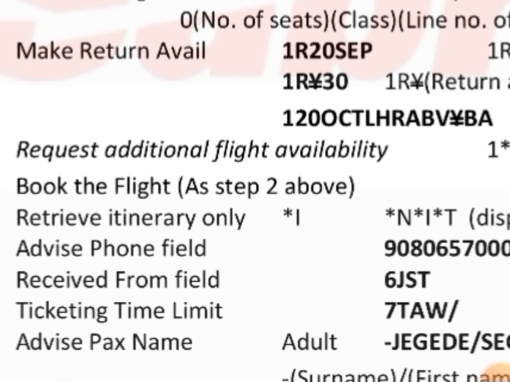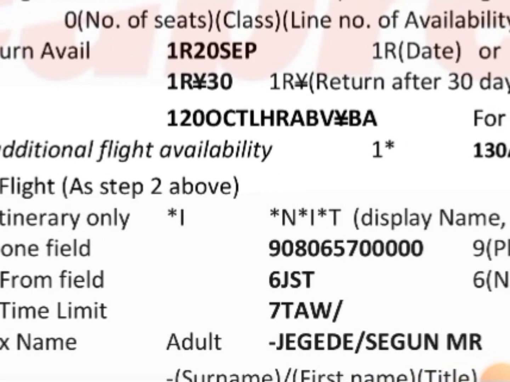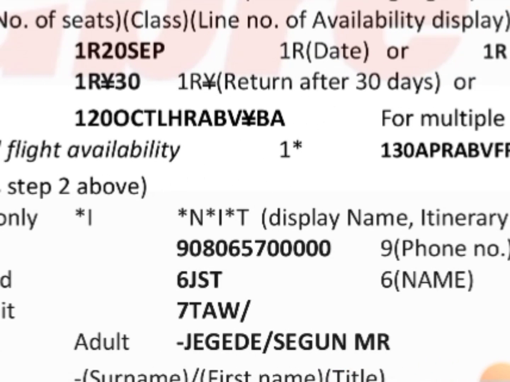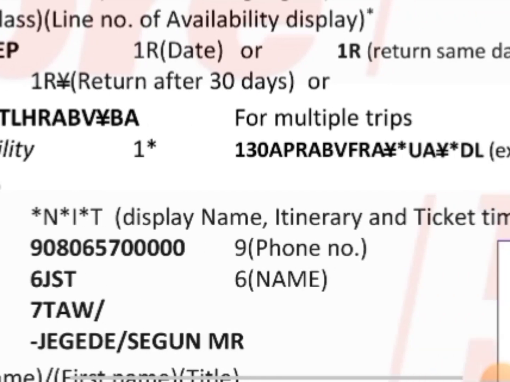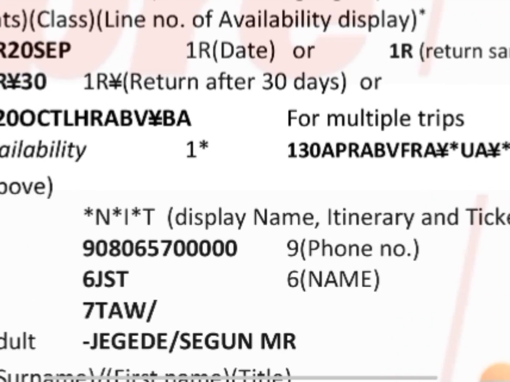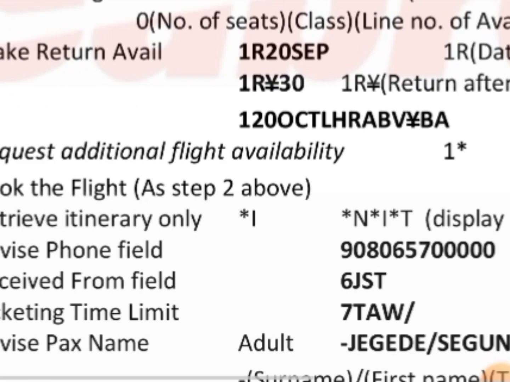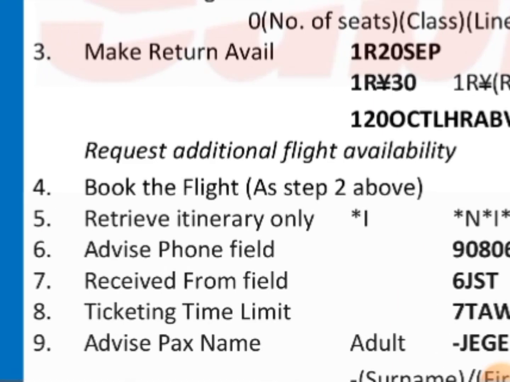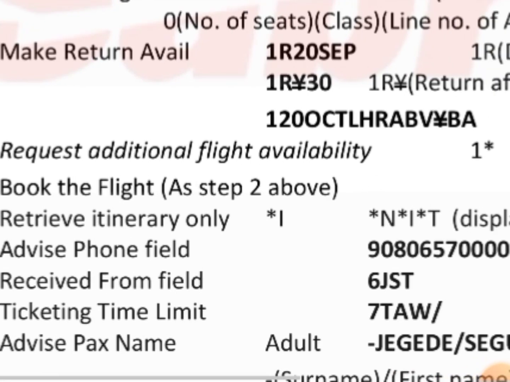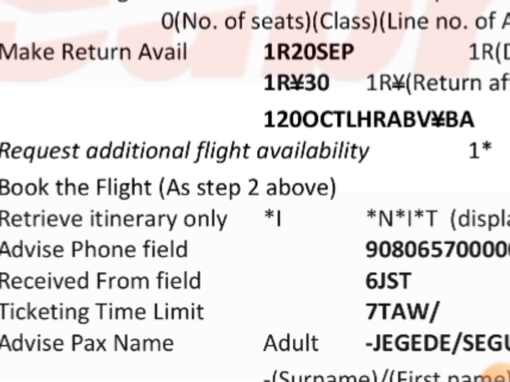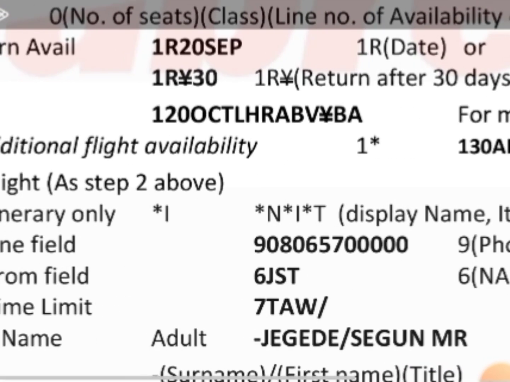But if you want to display name, itinerary, and then ticket time limit, that's if you want to display all those things, you do asterisk Nancy asterisk India asterisk Tango. That's how to display name, itinerary, and ticket time limit.